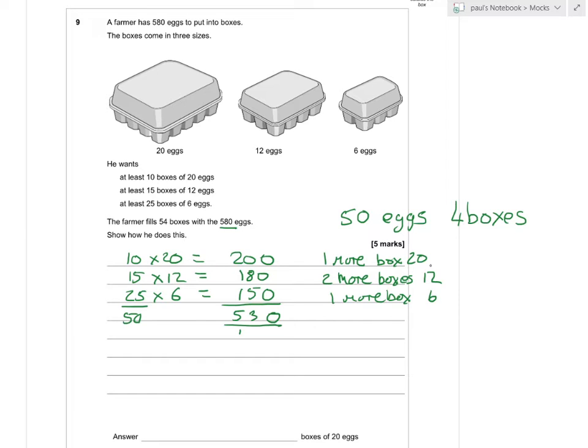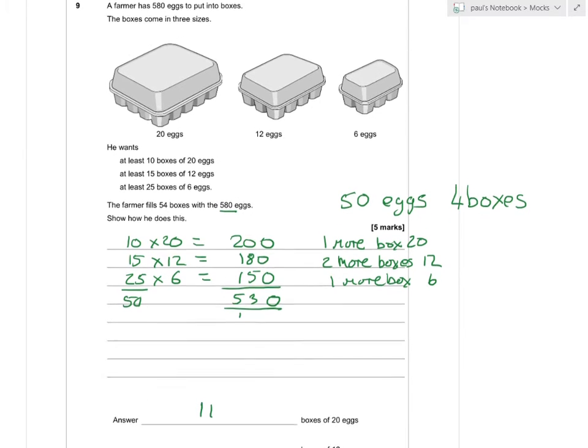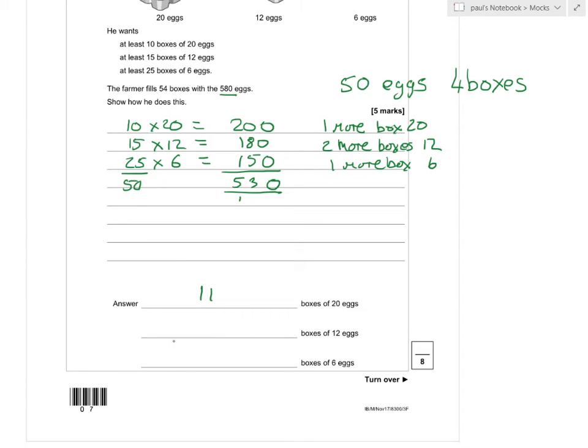That gives us the 50. So how many boxes of 20 eggs? We've got 10, so there would be 11. How many boxes of 12 eggs? We've got 15, and we have 2 more, that'll be 17. And 6 eggs, we've got 25, plus another one is 26 boxes of 6 eggs.